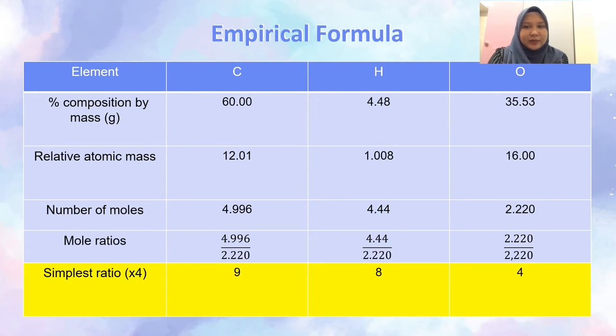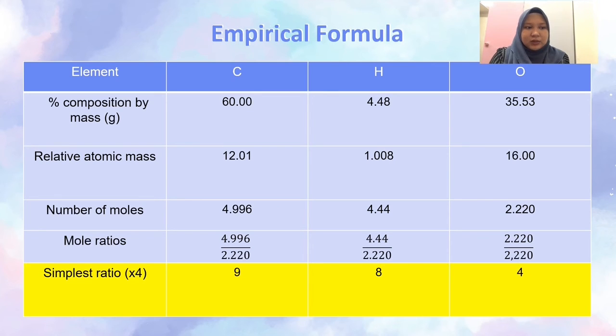Elements carbon, hydrogen and oxygen; percentage composition by mass in grams: carbon 60, hydrogen 4.48, oxygen 35.53; relative atomic mass: carbon 12.01, hydrogen 1.008, oxygen 16.00; number of moles: carbon 4.996, hydrogen 4.44, oxygen 2.220; mole ratio: carbon 4.996 divided by 2.220, hydrogen 4.44 divided by 2.220, and oxygen 2.220 divided by 2.220.